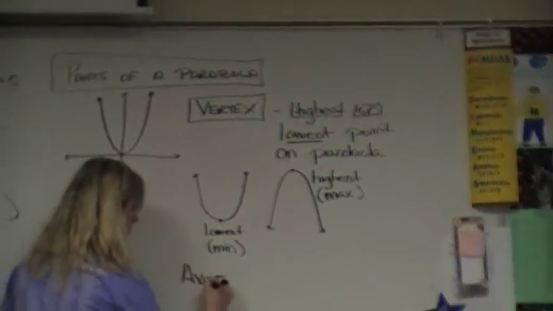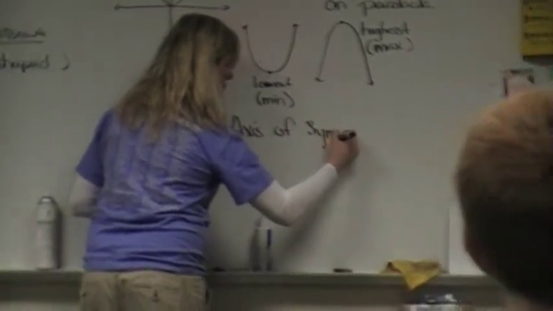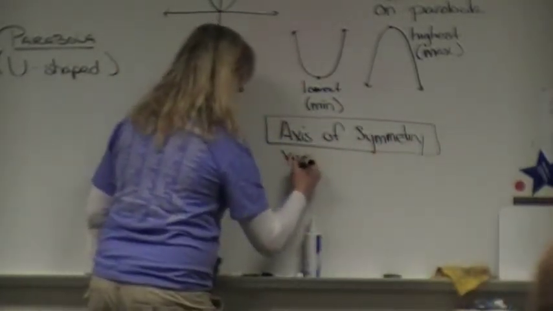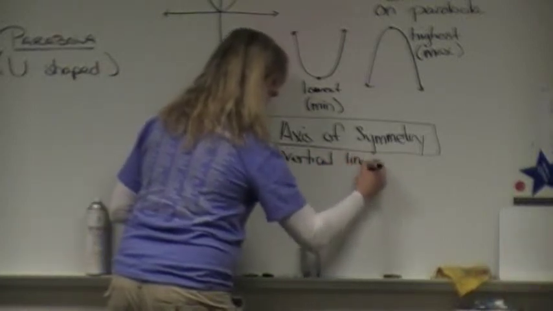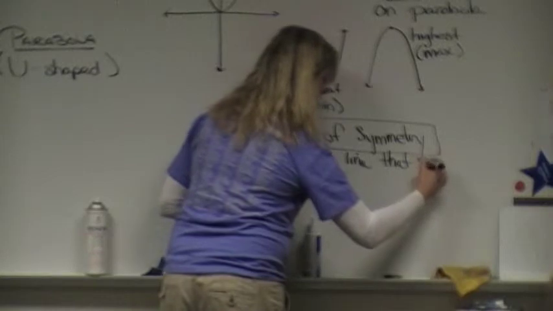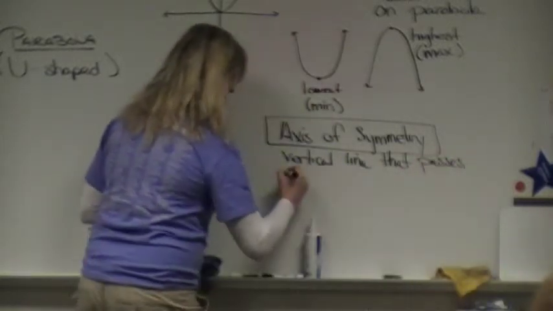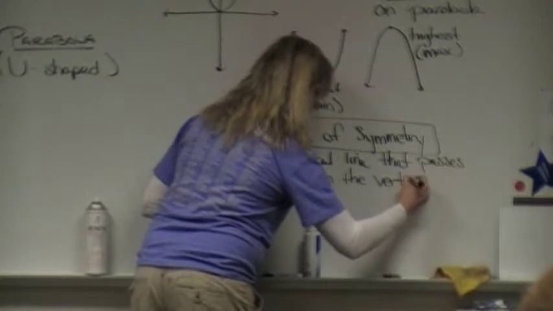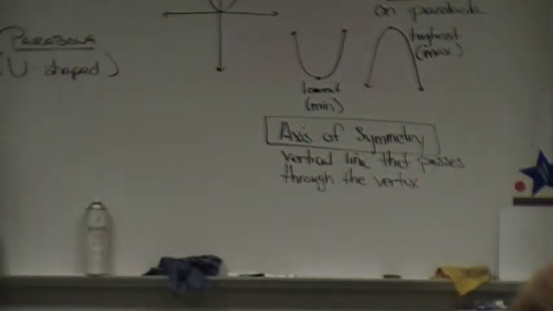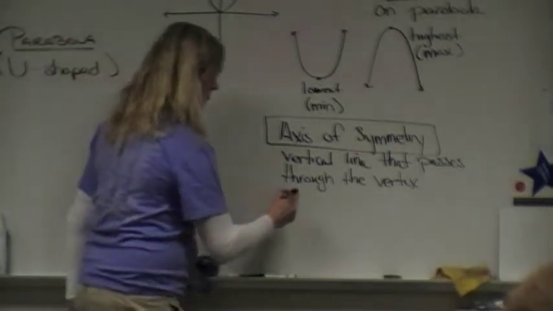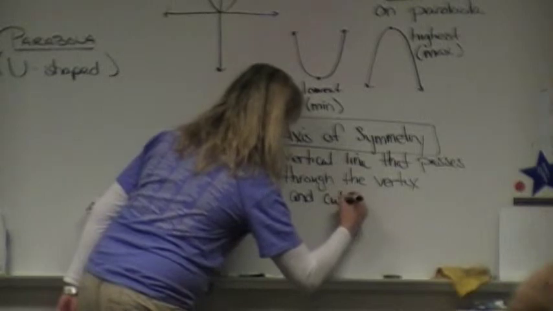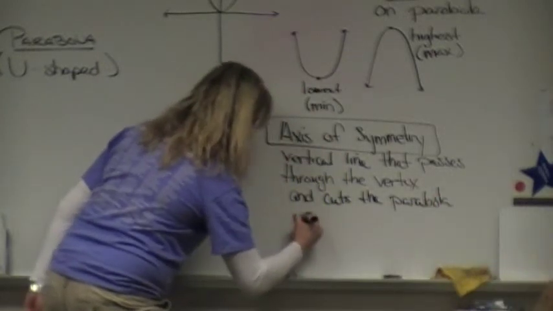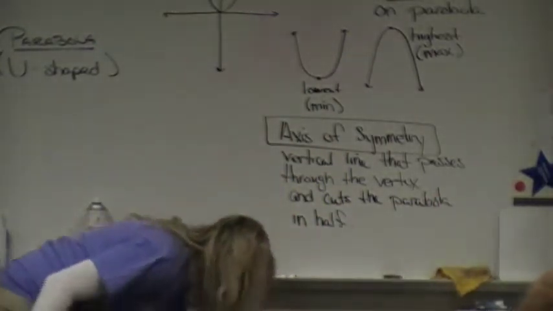The axis of symmetry, class, is a vertical line that passes through the vertex and cuts the parabola in two symmetric pieces, or in two halves. Let me write that down, and then we'll show you what it looks like.